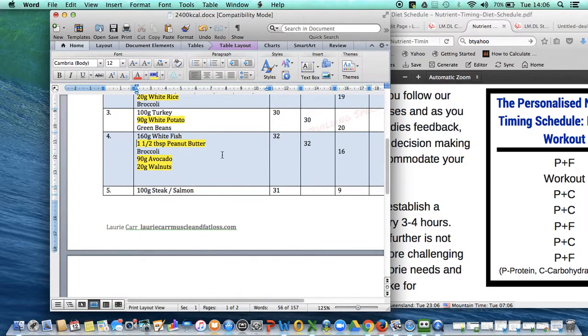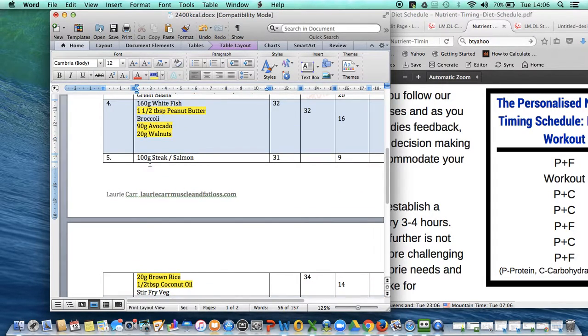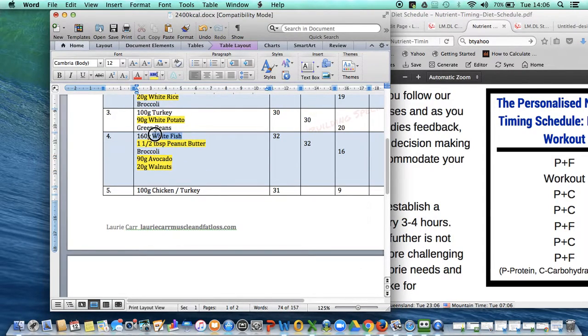Okay, the next meal after this is protein and carbs. So what we need to do is change this to chicken or turkey there. We could put the steak back in here, which was 100 grams.